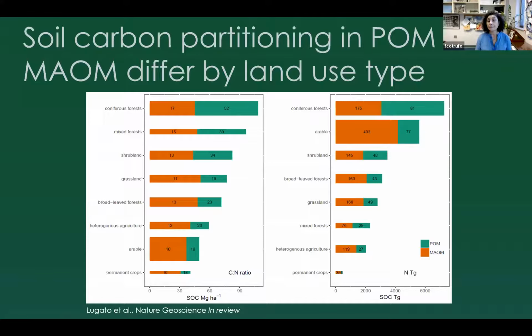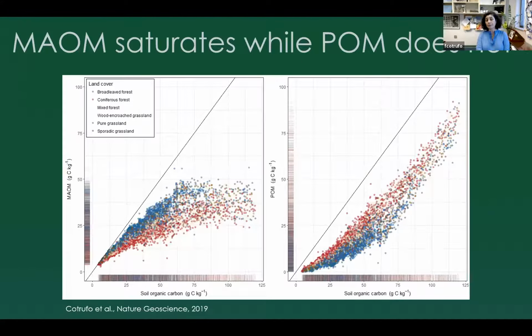The other thing that we learned from this database is that MAOM saturates. This was a theory that Cathy Stewart and Johan Six had proposed, but we provided the first demonstration at very large scale. So when we think about carbon sequestration, we need to realize that MAOM saturates while POM never saturates.